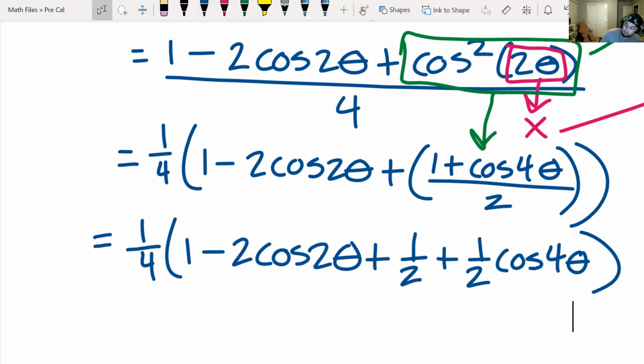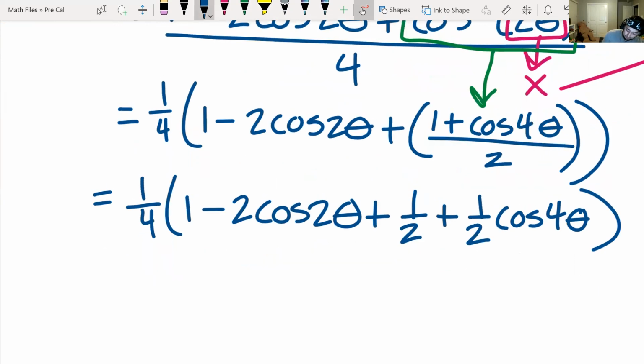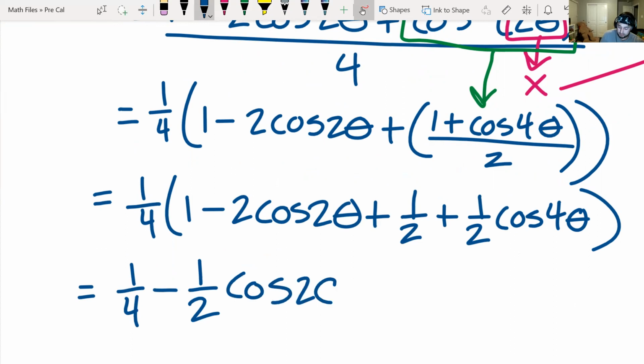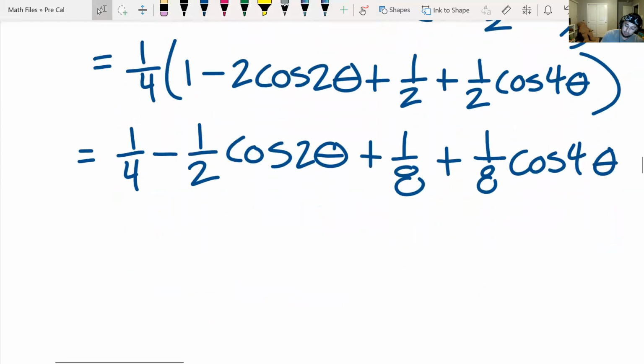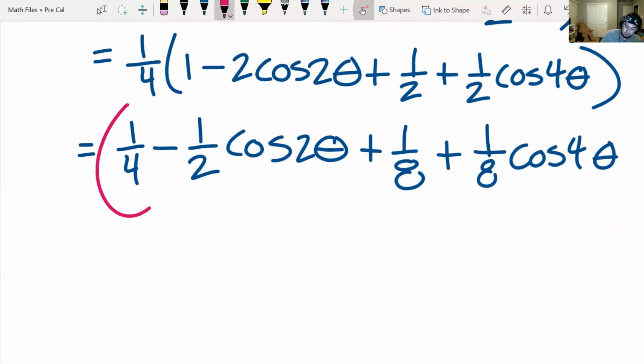Now I distribute that 1/4. 1/4 minus 1/2 cosine 2 theta plus 1/8 plus 1/8 cosine 4 theta. Once again, combine those two, and we're done.